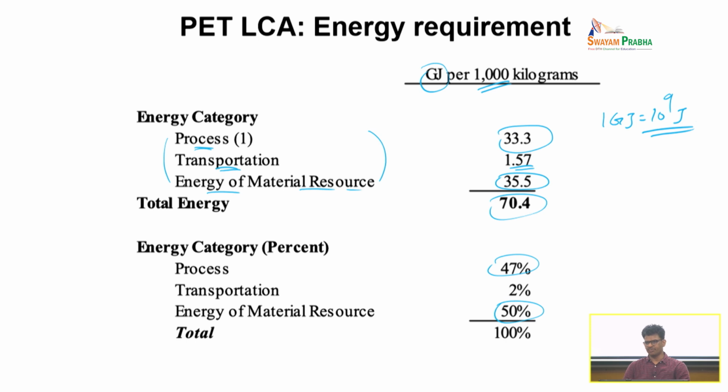Transportation seems to be only up to 2%. So this data is now converted into percentages. What we understand from here is that to make 1000 kilograms of PET resin, the energy needed is about 70.4 gigajoules.